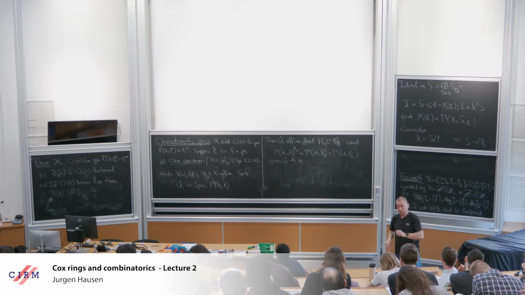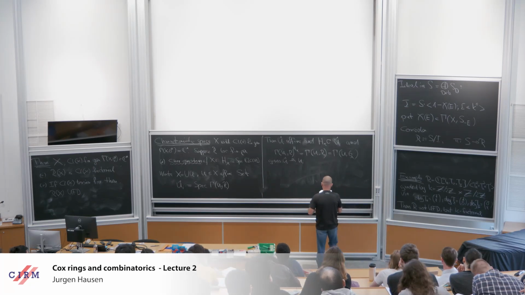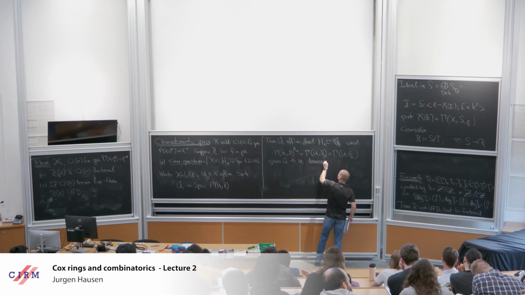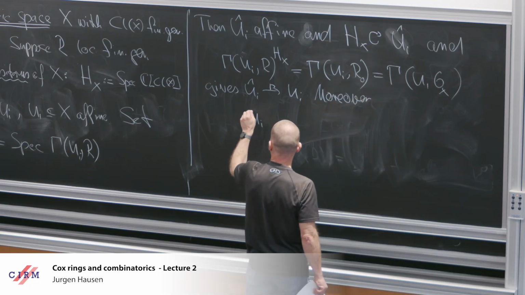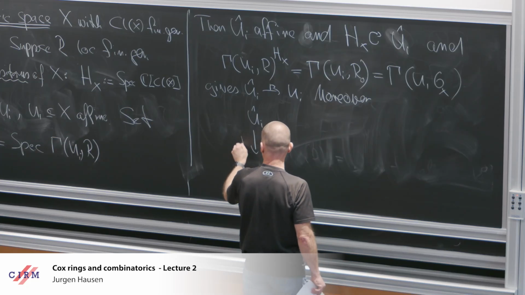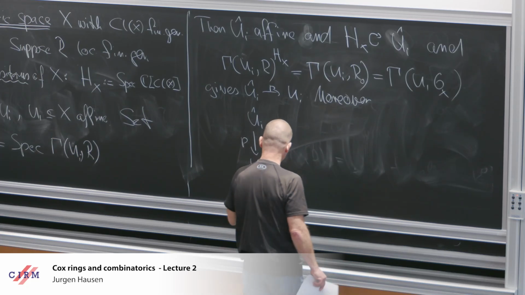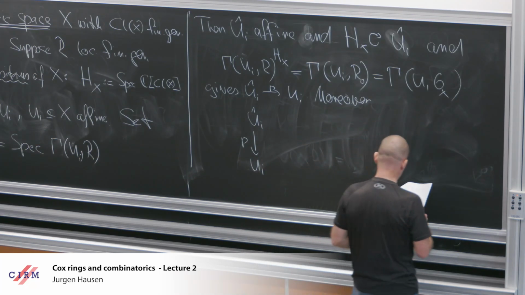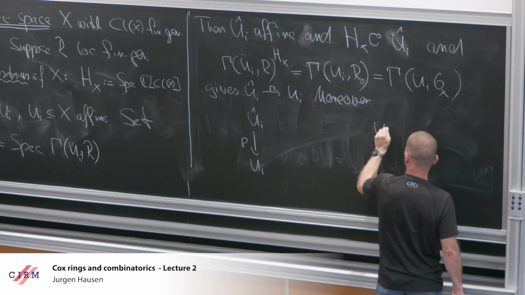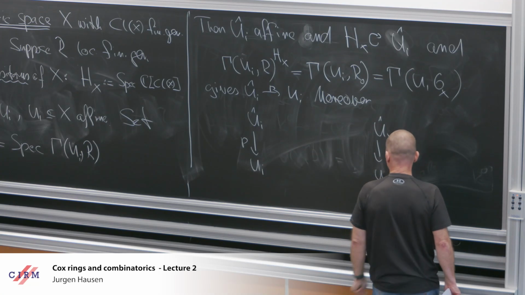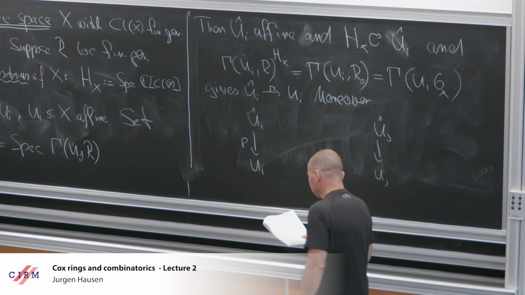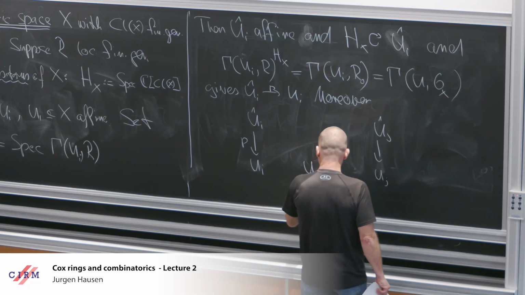Means we have a morphism in the other direction. So let us write here U_i hat. We go down with this P to the U_i, and maybe we take another U_j, and we go down to the U_j. What can we do below?